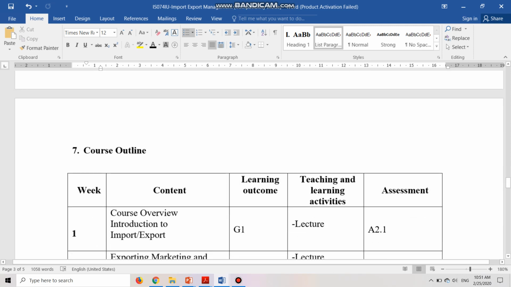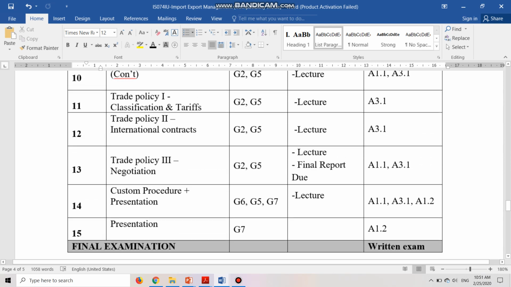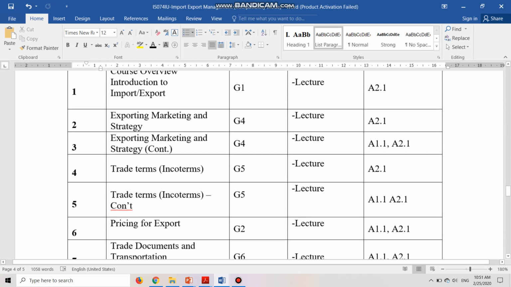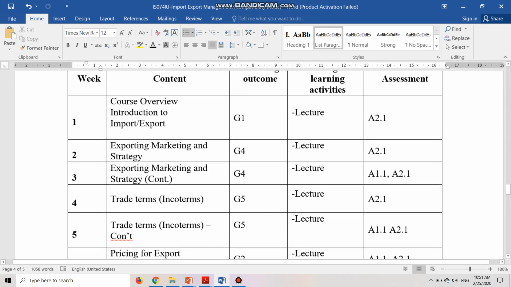And the course outline, we will have totally 15 weeks. In the first week, I will teach you the overview, introduction to import export. You have to know what is import export and what is the difference between them.